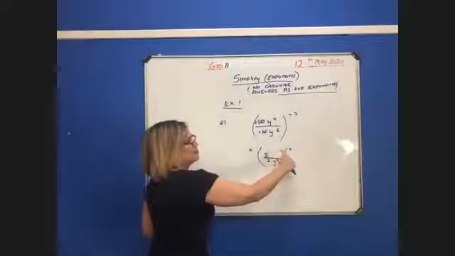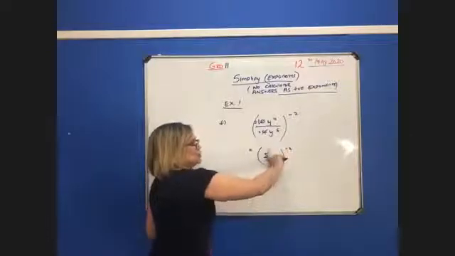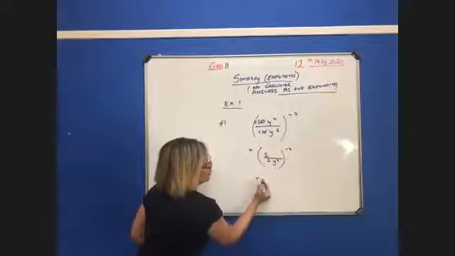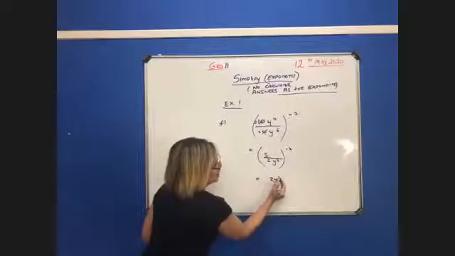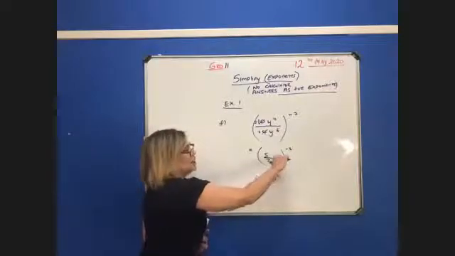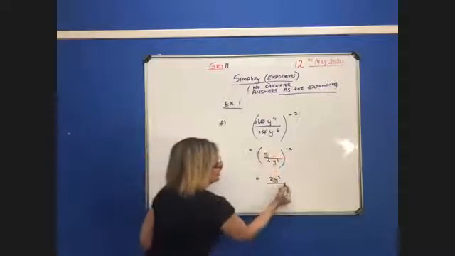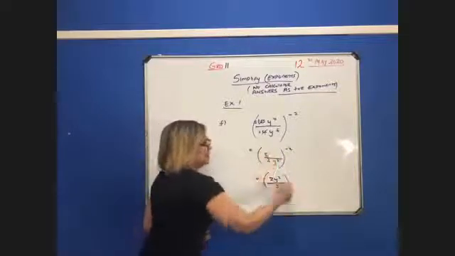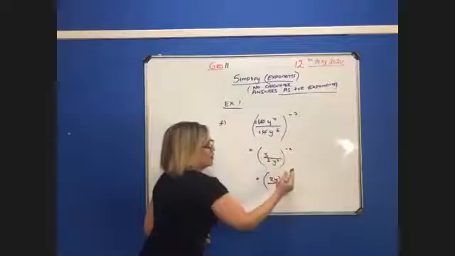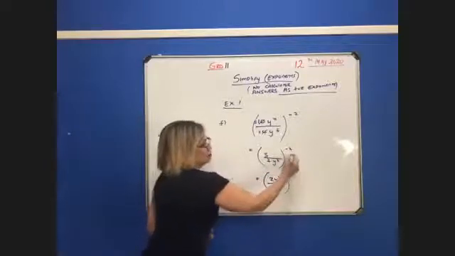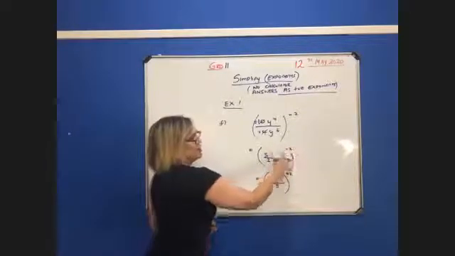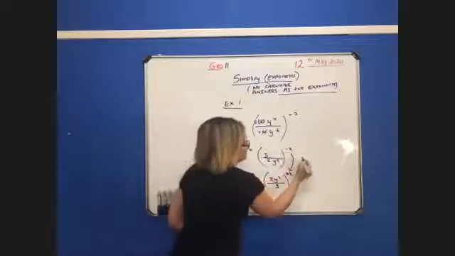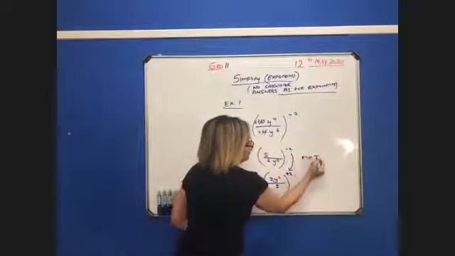Now, to make this power positive, you must flip your base upside down. So you put the 2y squared, but you're not changing the sign because you're flipping the exact base, but now the power is positive. So to make the negative power positive, we just flip the base.